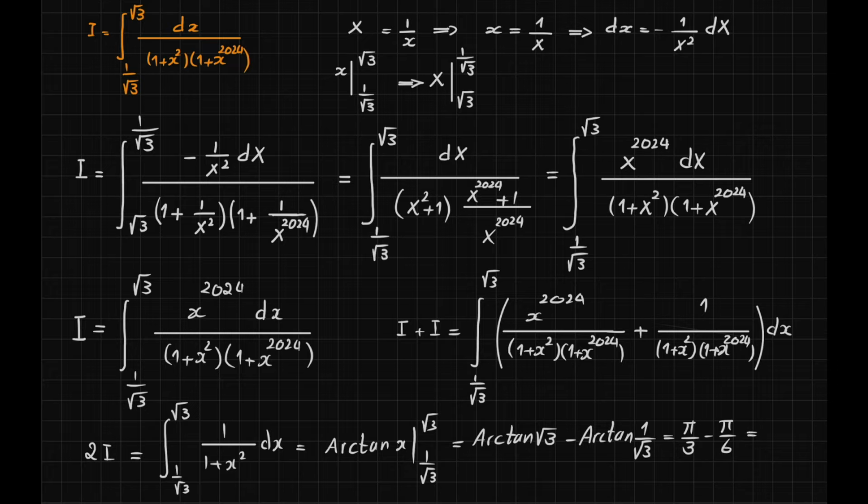So when I subtract them, it becomes pi over 6. But be careful, this is not your I, this is double your I. So your I is this number divided by 2, or in other words, I is equal to pi over 12. And that is the answer that we were supposed to reach.